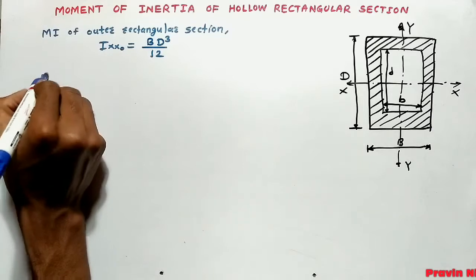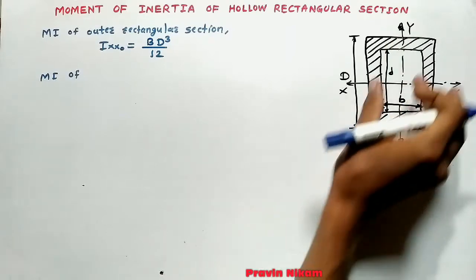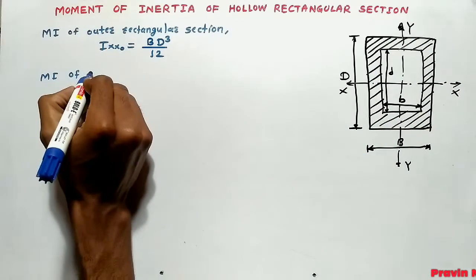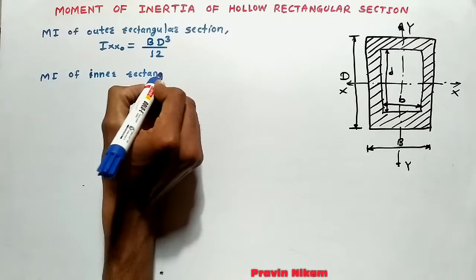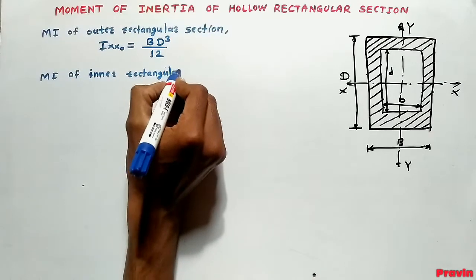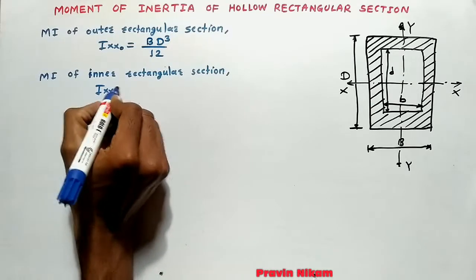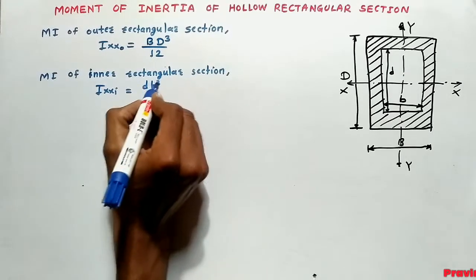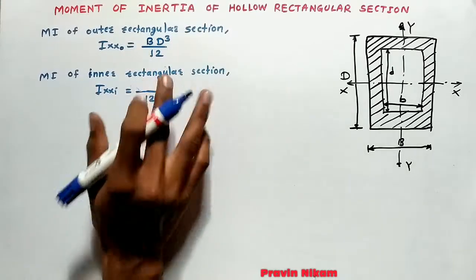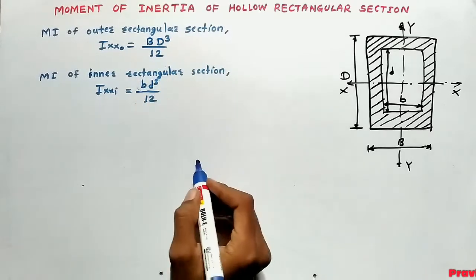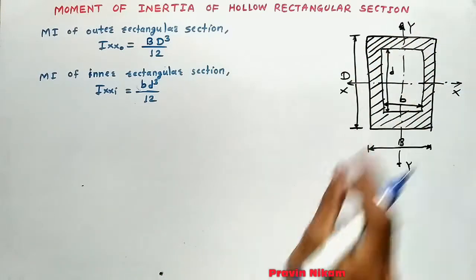Now forget the outer rectangle, only consider the inner rectangle. So the moment of inertia of the inner rectangular section, Ixx, is small bd cube divided by 12. Now what is this hollow rectangular section?